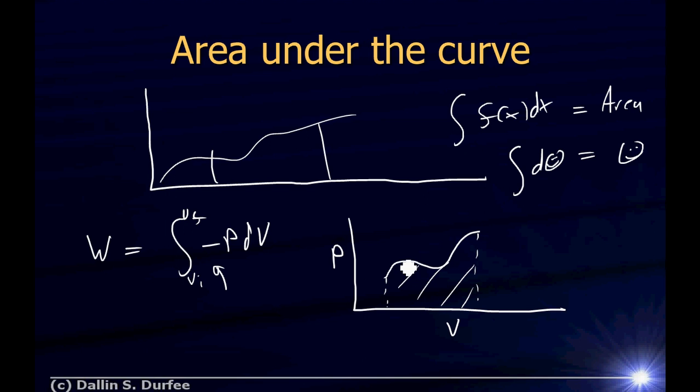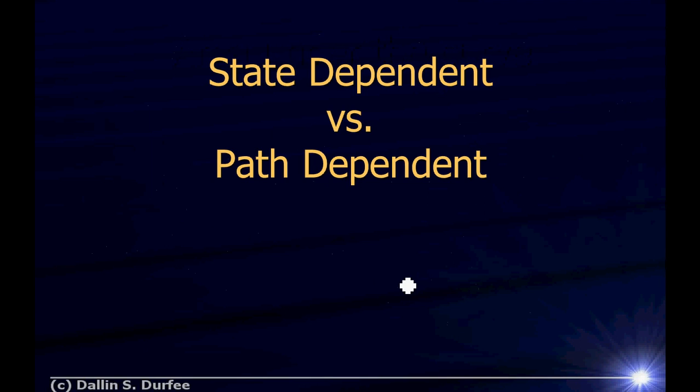If I integrate this way, that's an increasing volume, so I get negative work. If I flip the integration limits around, I get a minus sign. So if I integrate this way, the volume is going down, and I get a net positive work on the gas. So we can use what is called a PV diagram to help us see the work done as we do a process on a gas.